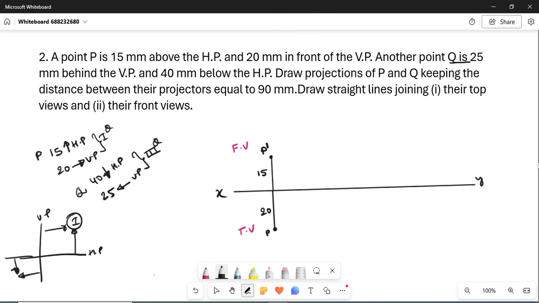We know that in the third quadrant, above XY is the top view image and below XY is the front view image.